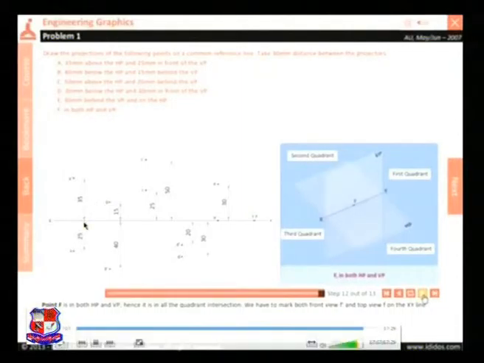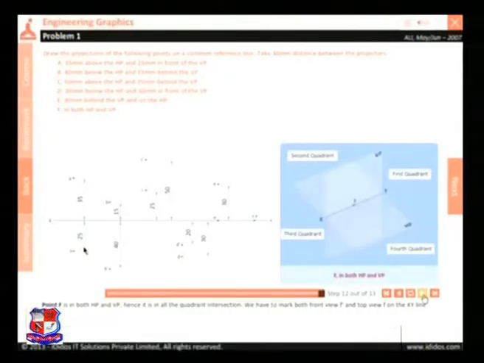In the same direction, in the same path, you will have 25 mm in front of VP. In front of VP means your point would be on the below side of XY line. In front of VP means below XY line.